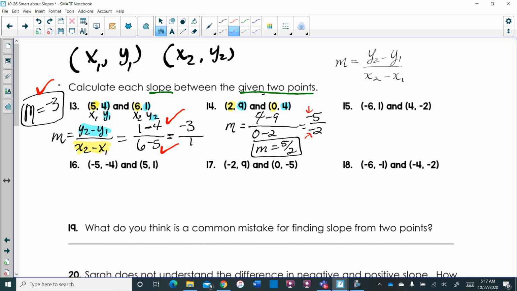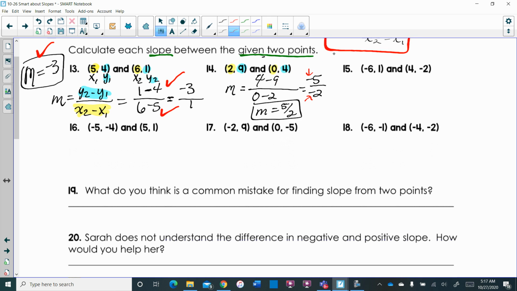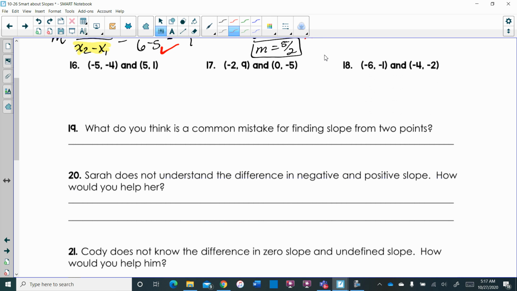So you do need to show work here. We cannot just type things in calculators and not show how you set up the formula. I need to see the substitution. That would be marked wrong if we don't see that. So you are using that slope formula for 13 through 18. And then when you get here, your answers are going to vary, basically from this problem on.